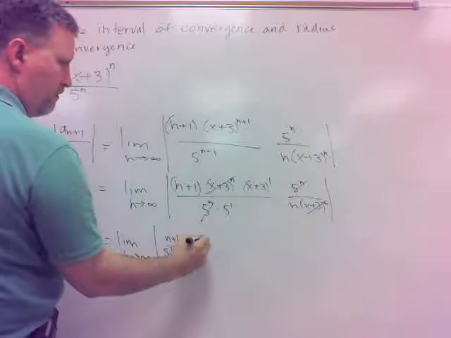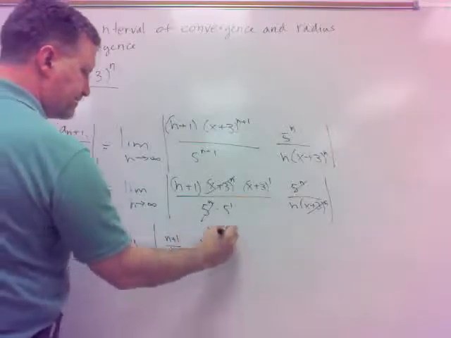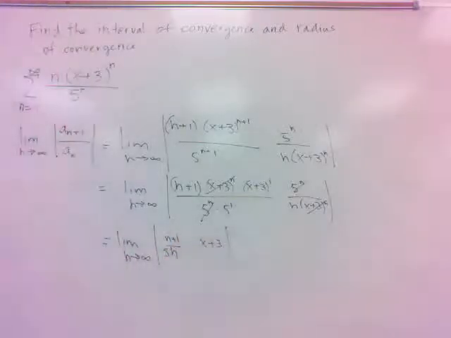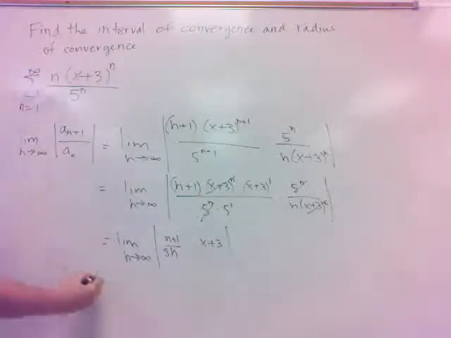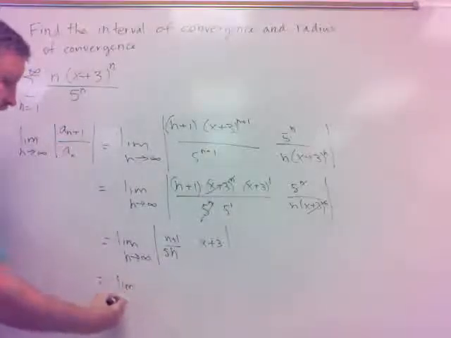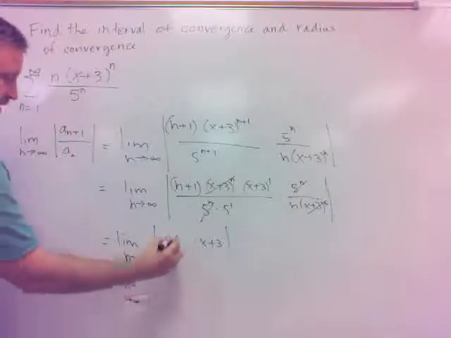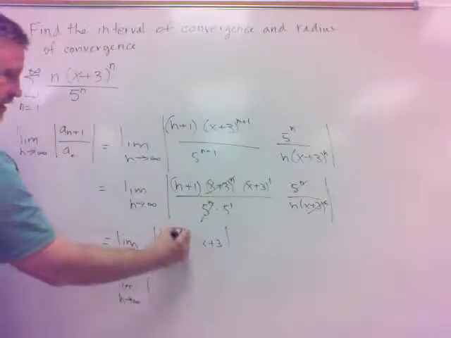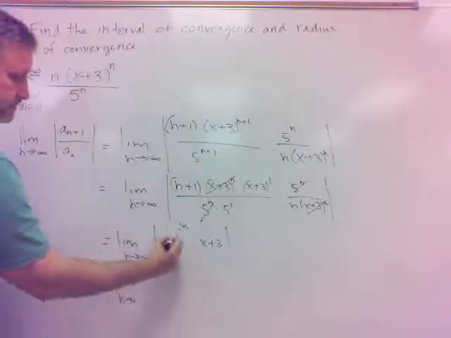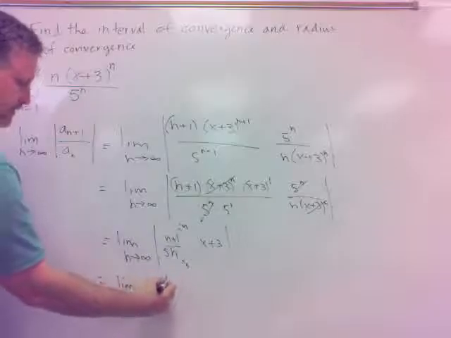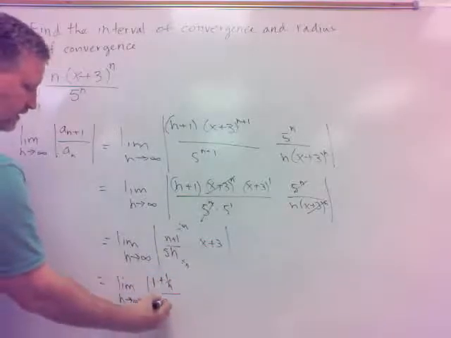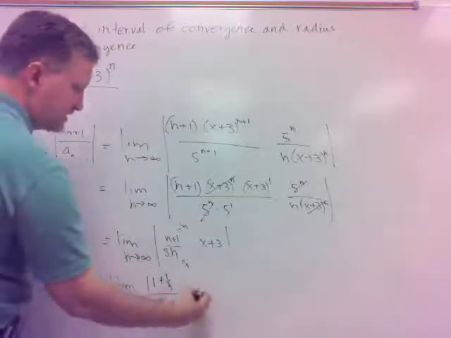And the x plus 3 over here. All right, so as n goes to infinity, we probably want to look at dividing that by n. So that would be 1 plus 1 over n, divided by 5 times the x plus 3.